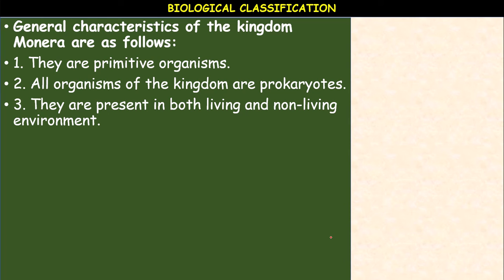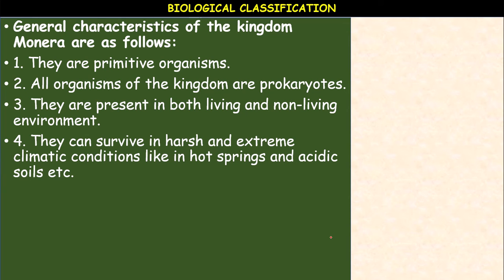They are present in both living and non-living environments. Monerans are special organisms, they can live in any kind of environment. They can survive in harsh and extreme climatic conditions like in hot springs and acidic soils, etc. So, methanogens and halophiles are those bacteria which can survive in the hot springs and the acidic conditions.